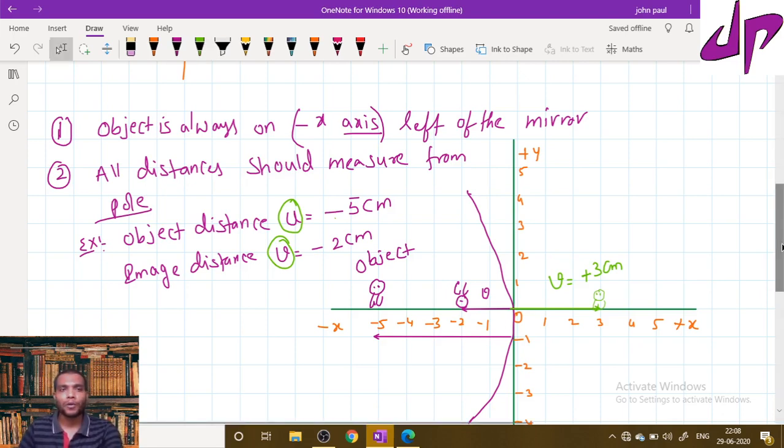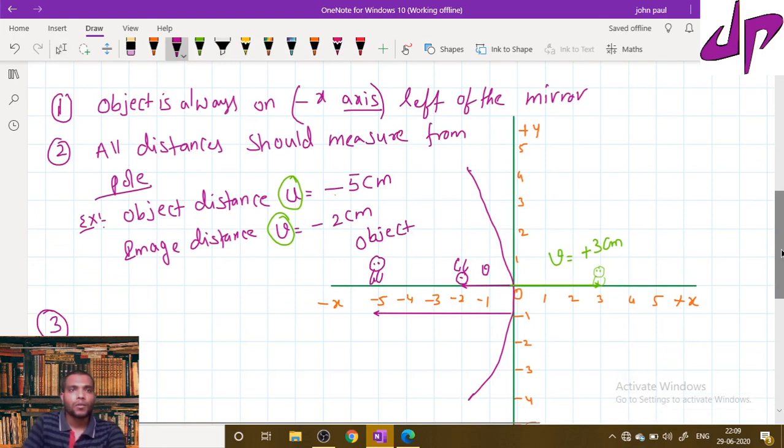Now for the next point, sometimes we need to measure the height of the object.